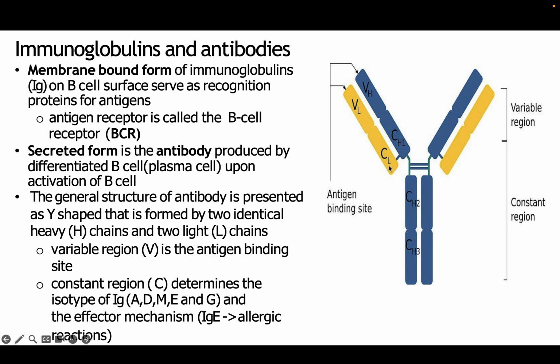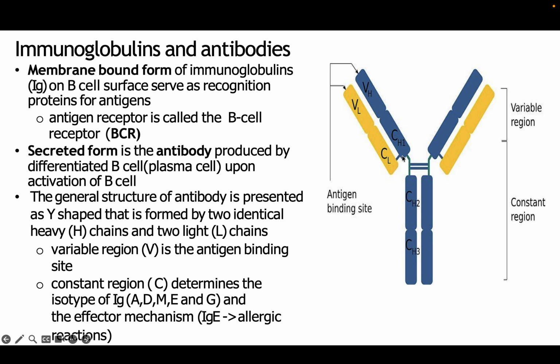So again, similar to your TCRs, the variable domains are the ones that keep changing, and they're the ones that are binding to your specific antigens. And this is where you need to have a high diversity, because you're binding to millions of different types of antigens. You need to make this extremely variable and diverse to do that. So hence, the variable regions found on both the heavy chain and the light chain are the ones that are binding to your antigen.